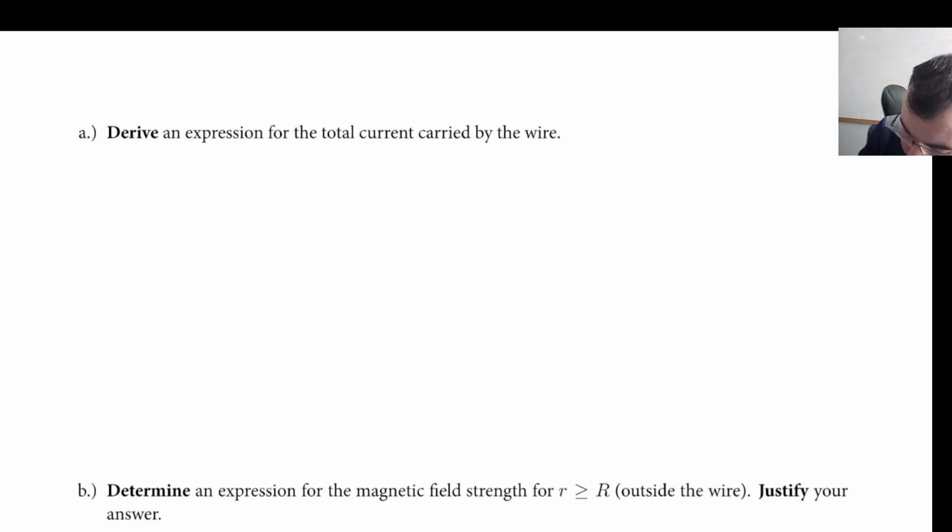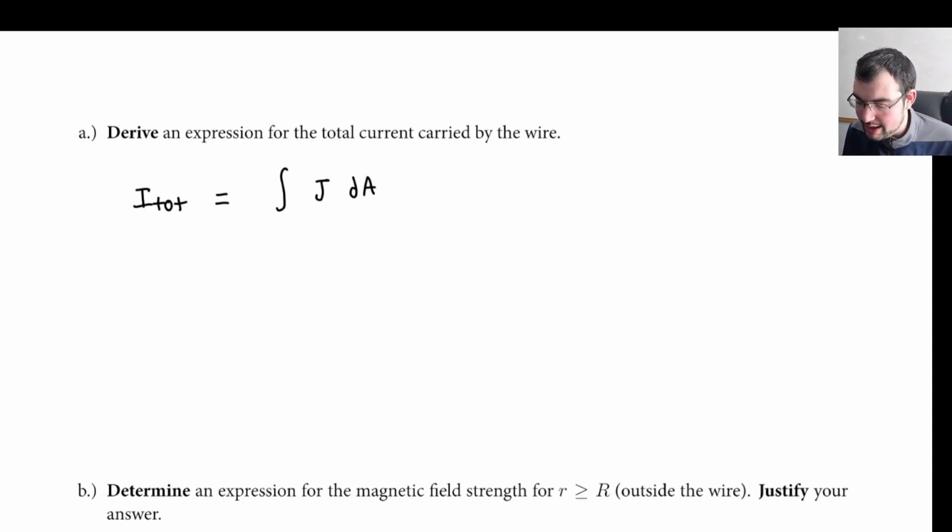So this means the total current is equal to all of the current per areas times their little area enclosed. So just like last time where we had this dV, Q is the integral of rho dV, so we had to write V is 4/3 pi r cubed, we took a derivative.